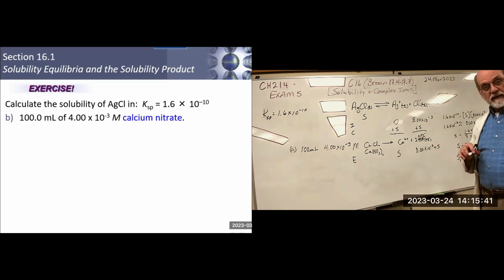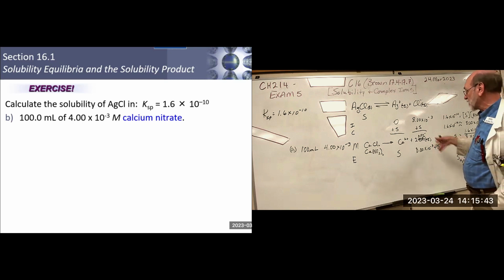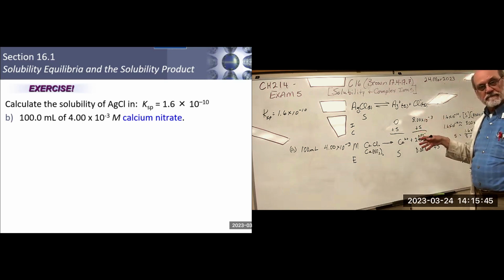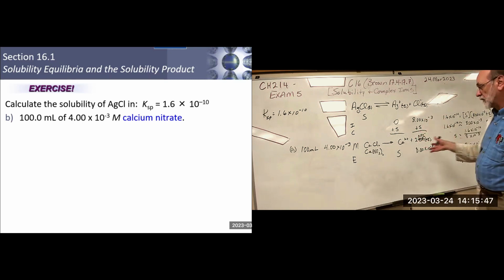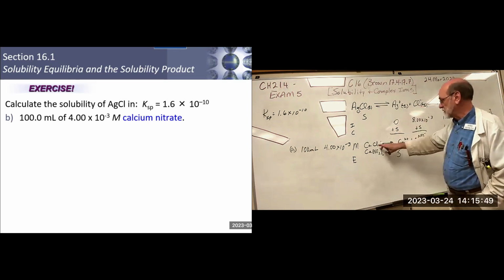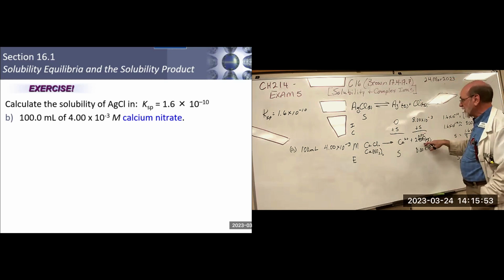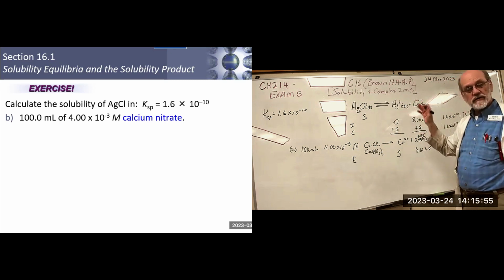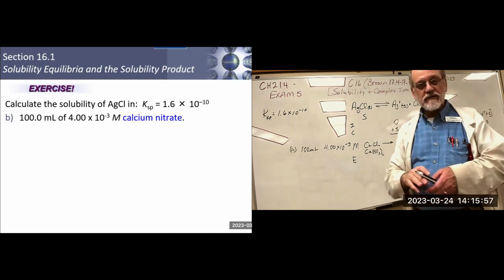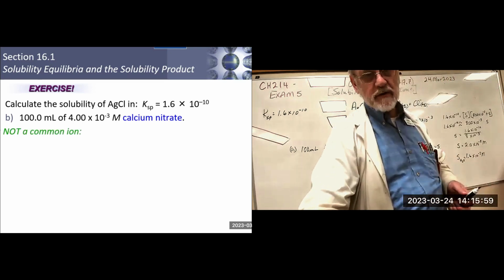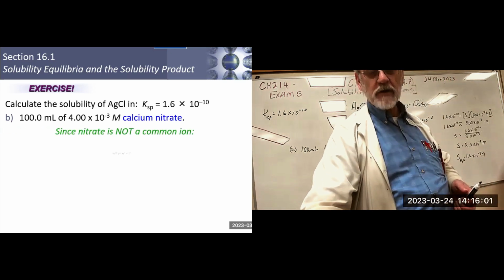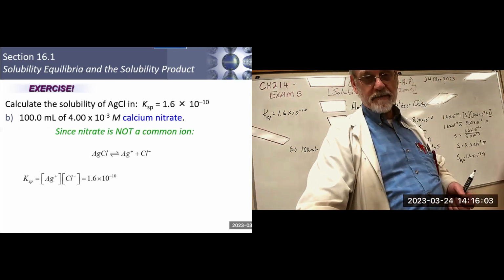Okay. Is that going to have an impact on the solubility here? No. Calcium chloride, right? Calcium ions and chloride ions, no change. Nitrate ions and silver, no change. Calcium nitrate will have no impact on the solubility whatsoever. There's no common ion.